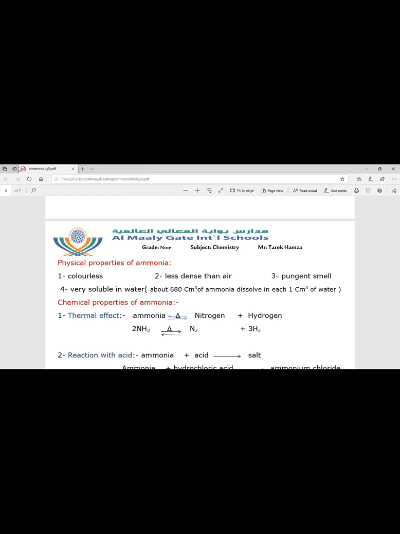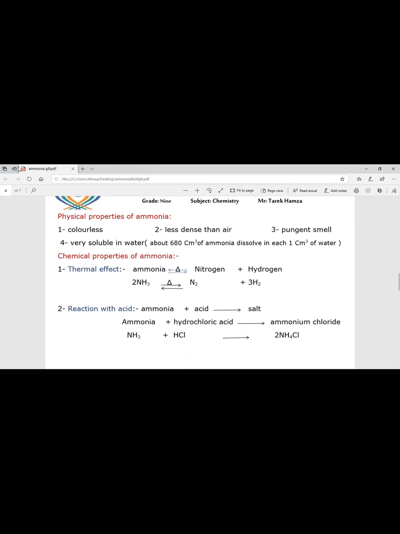The chemical properties of ammonia are very important. Listen to me carefully in this point. Number one, thermal effect. How does heat affect ammonia? By applying heat on ammonia, it produces nitrogen and hydrogen.